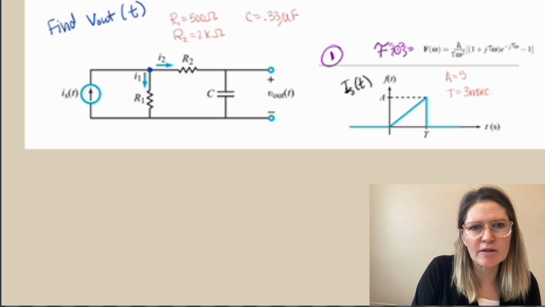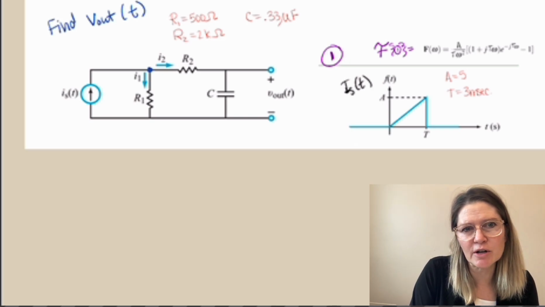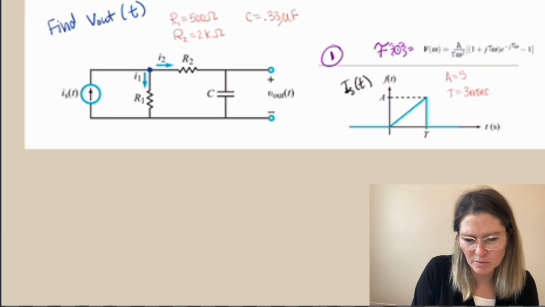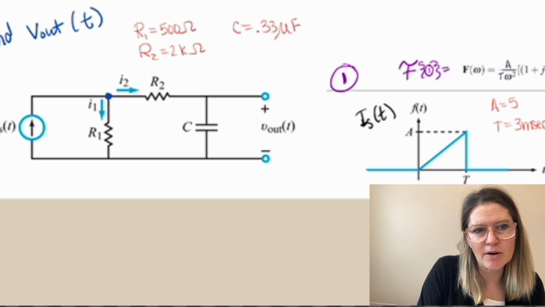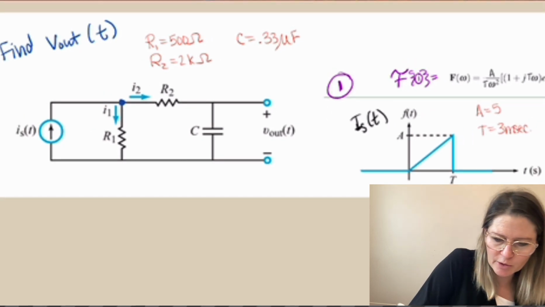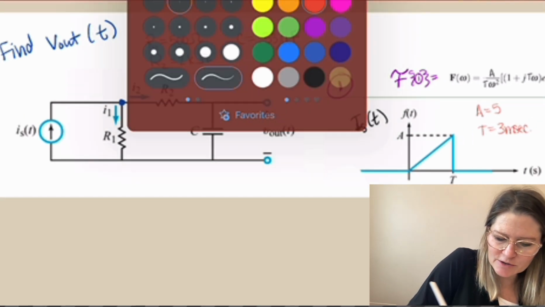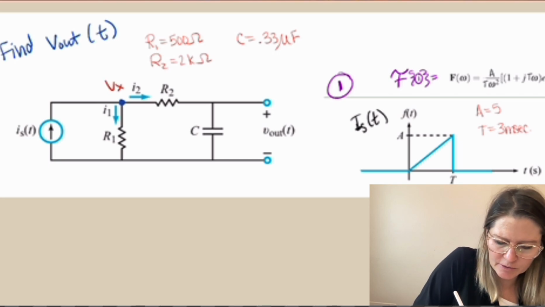And then given that R1 is 500, R2 is 2K, and C is 0.33 microfarad, we want to solve this circuit to get V out of t. As you know, I like to do node voltage, so I'm going to call this node Vx.